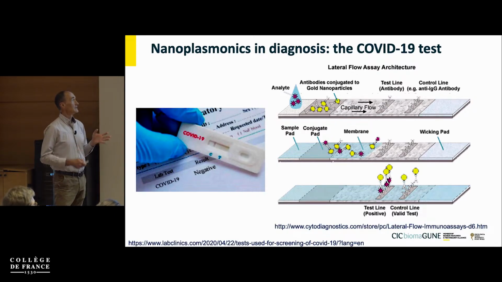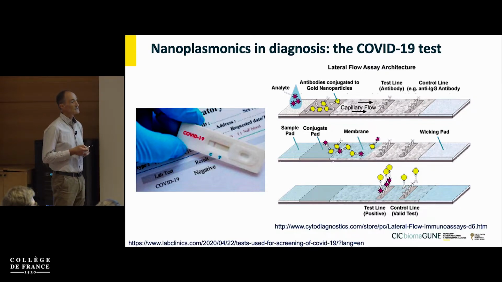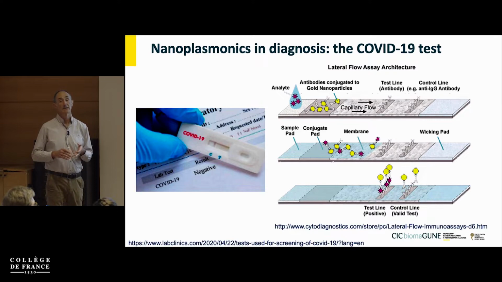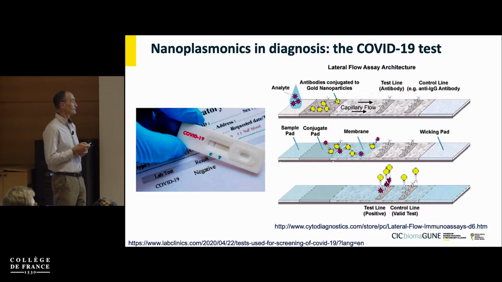So this is a rather simple but very efficient way of doing biosensing with plasmonics, but it's probably not the most sensitive one or the most versatile one. It is very versatile because you can detect many biomarkers, but there are many other things that can simply not be done with this configuration.